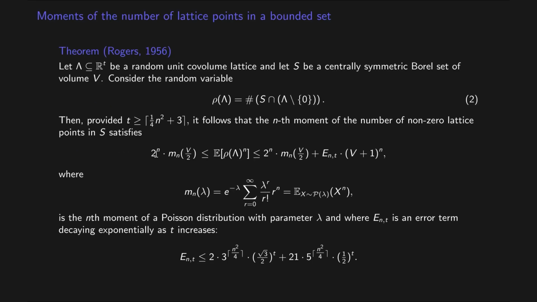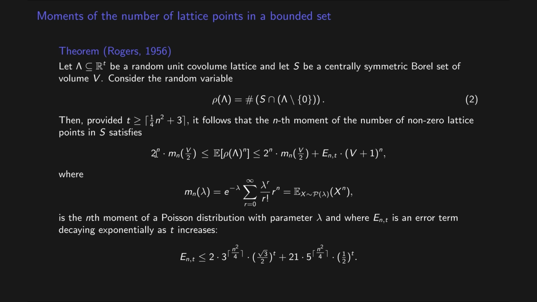Here we draw inspiration from classical results about random lattices. Here is an old result of Rogers about the distribution of the number of lattice points inside of a ball, but not only a ball, actually his theorem works for any centrally symmetric body.